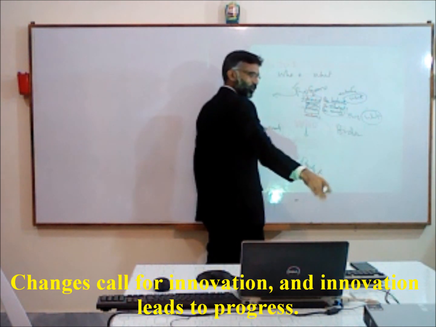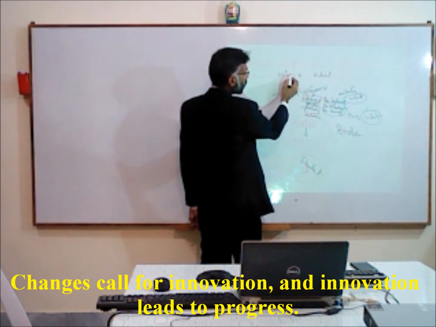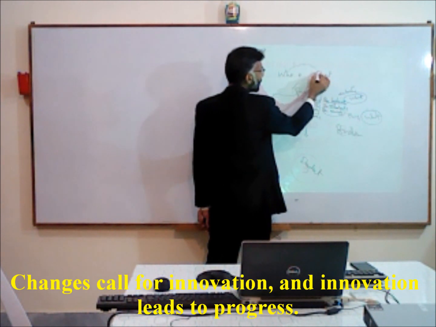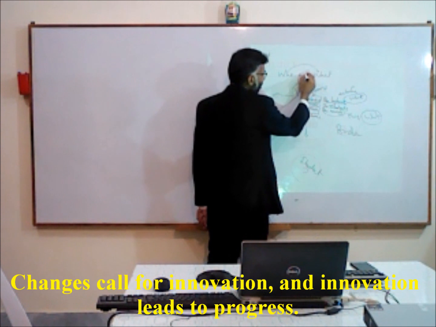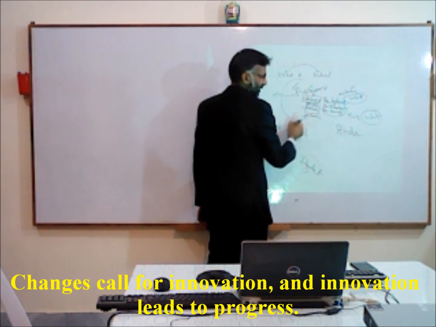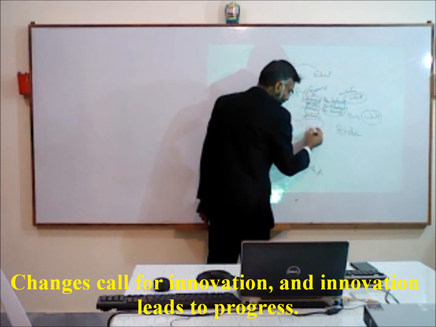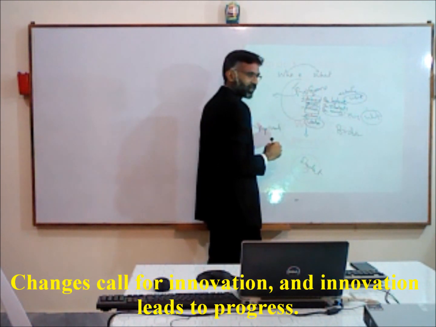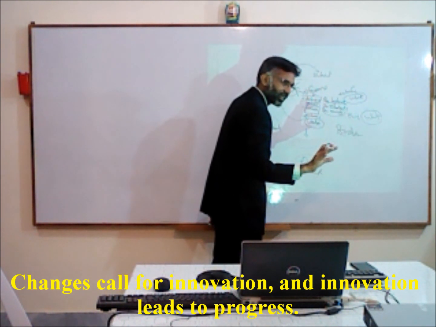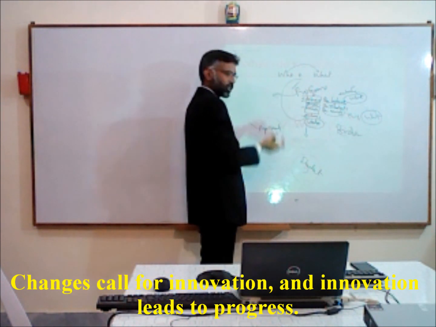Otherwise, you will stay confused in my class. So we always link who with what? How? With the help of actions. And we have named these actions as verbs. Points clear? Let's move forward.